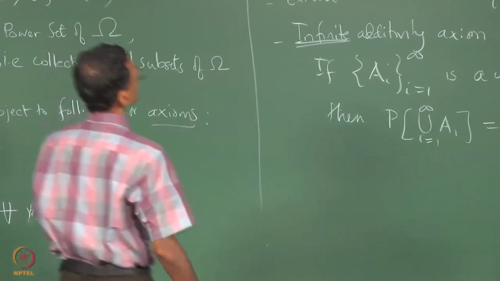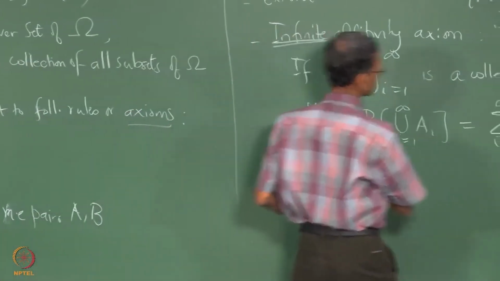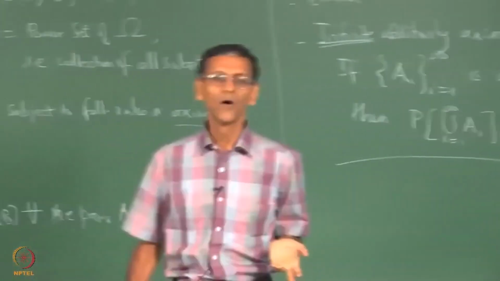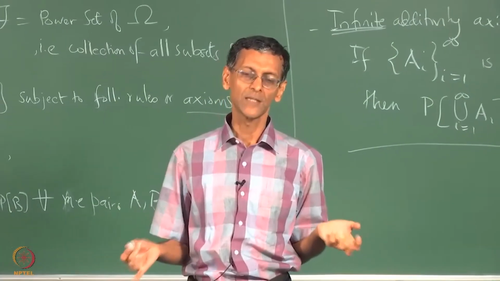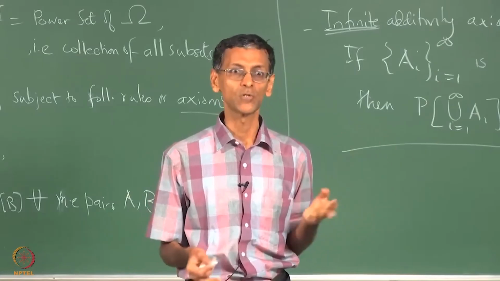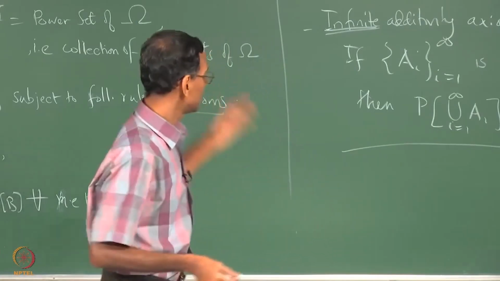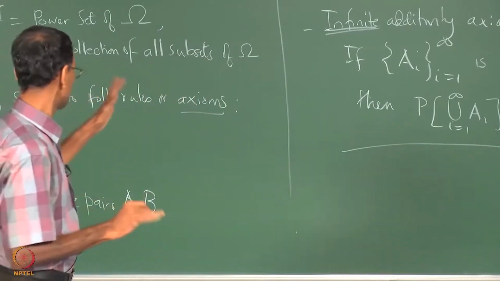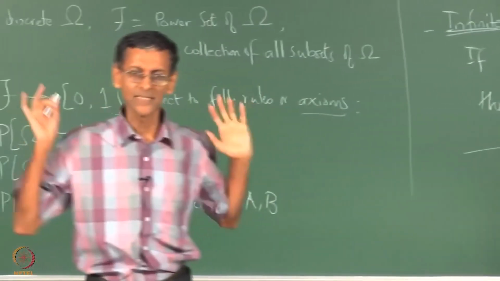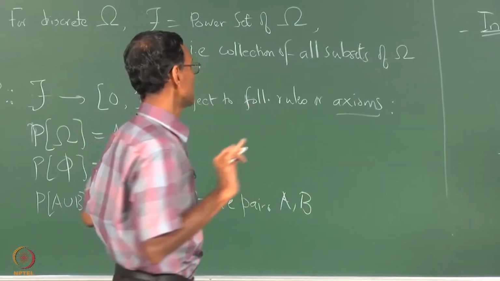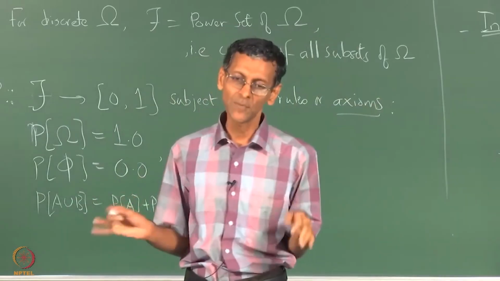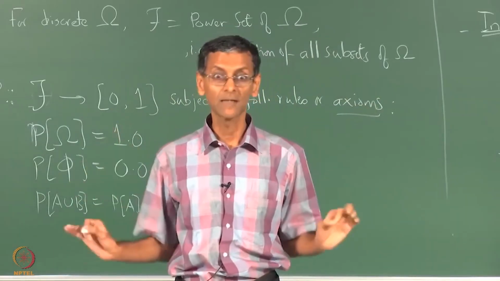So with these axioms, we can now proceed with the development of the theory: what other properties we can derive from them, and so on and so forth. We should take a little bit of a pause to understand this and appreciate this and let it sink into our heads, that these building blocks are in fact sufficient pretty much to build up the entire theory.